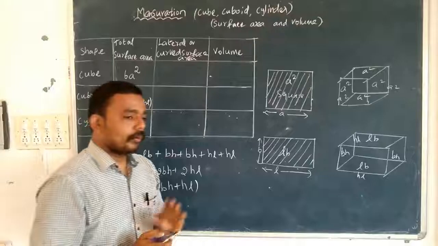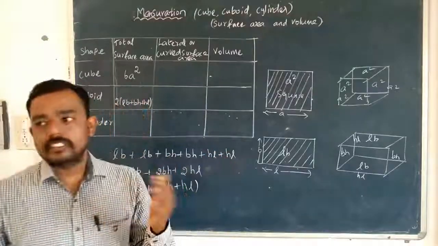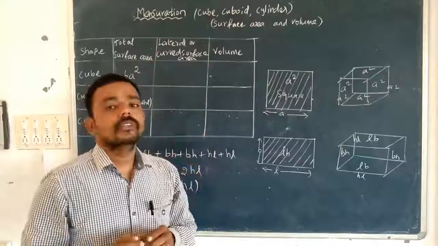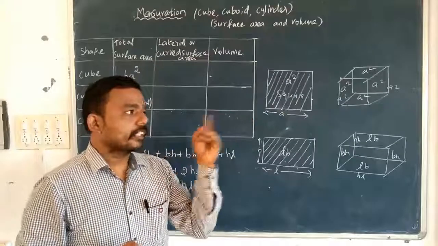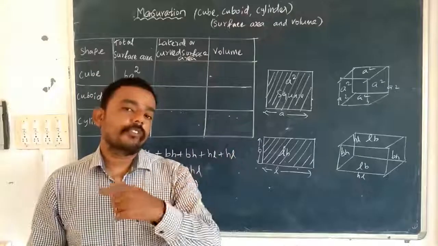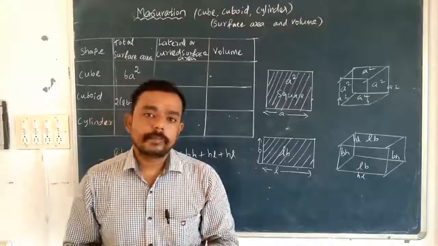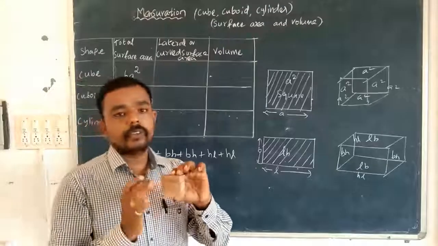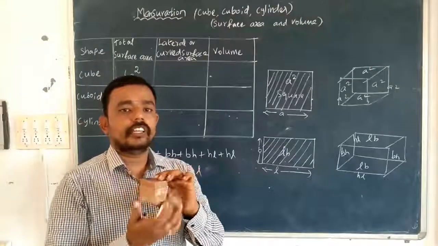Suppose, for example, we need to whitewash our walls. We remove the floors and consider the side walls, so it's surrounded by four walls. For the cube, just consider 1 A square, 2 A square, 3 A square, 4 A square. That is totally 4 A square.